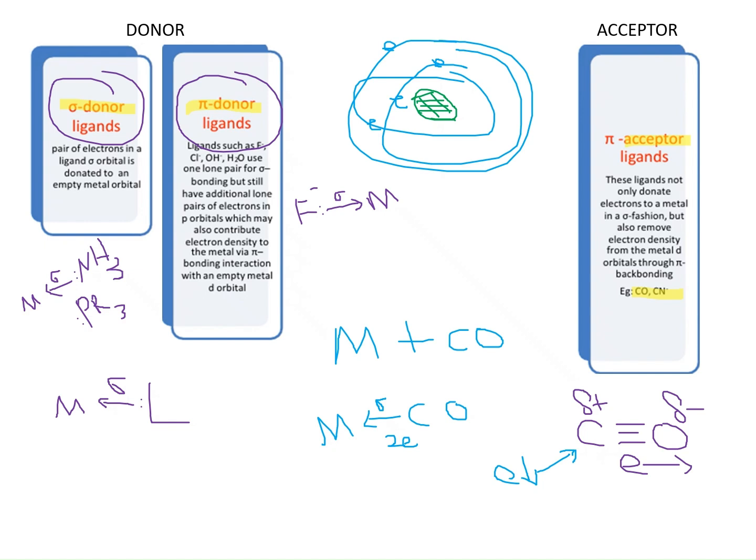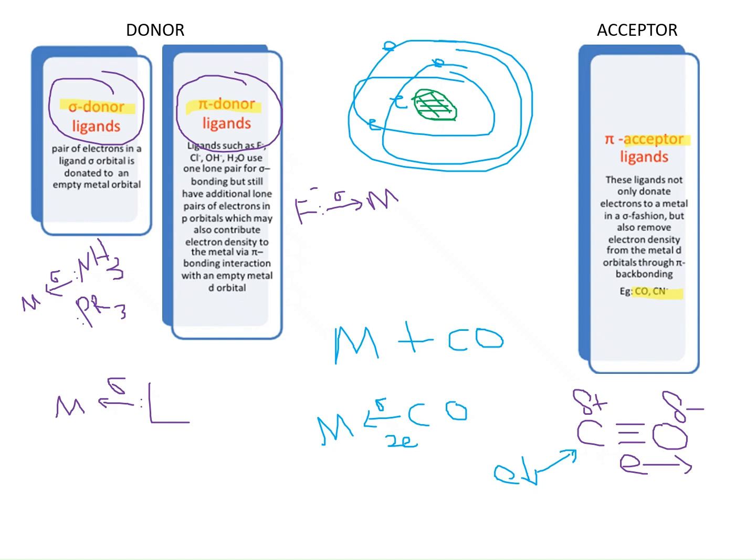Whenever electrons are involved in joining two elements, they will form a bond. This is a sigma bond. Now, this carbon here is acidic due to polarization of electrons towards oxygen. When we talk about metal, we talk about transition metal.